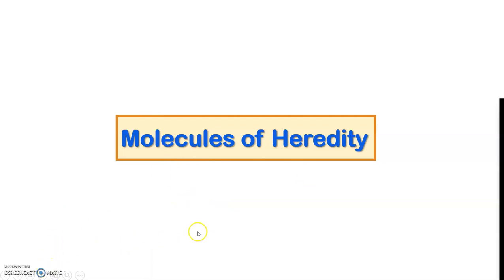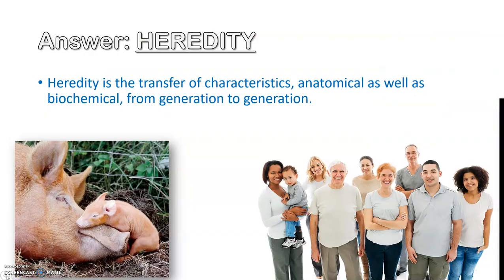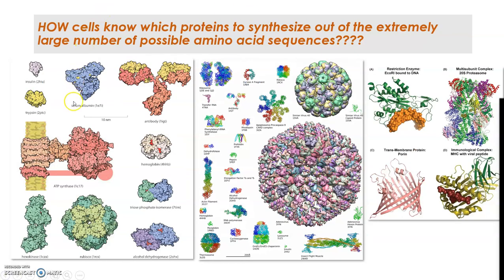So the molecules of heredity are of course your DNA, right? Because as we all know from the last module, we have tens and even hundreds of thousands of proteins for each organism. Can you imagine how this was possible?